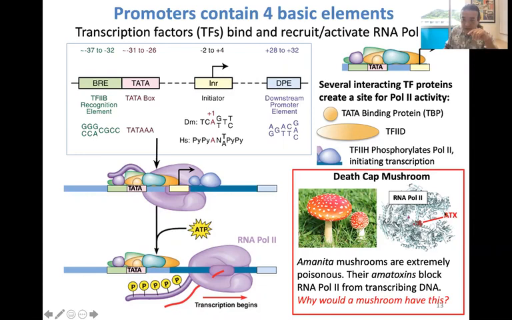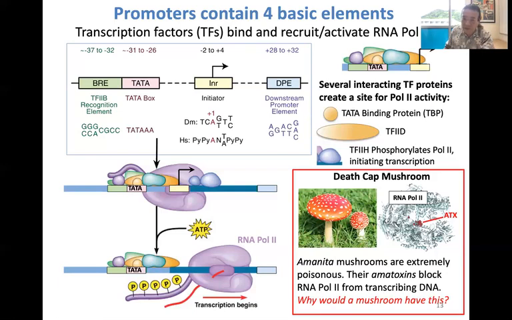All right, so here is an amanotoxin, ATX. It's the small little red molecule. This thing right here is the RNA Pol II complex that transcribes our genes. The amanotoxin is the right shape to fit perfectly right in the middle of where the RNA Pol II needs to be transcribing the DNA. And as a result, it stops RNA Pol II from transcribing your DNA.